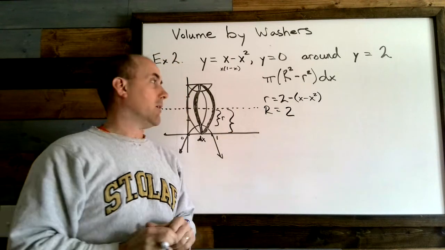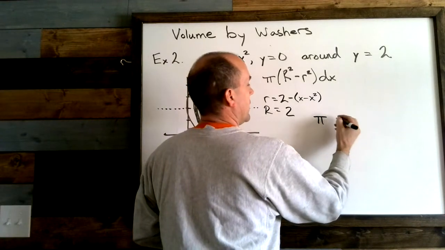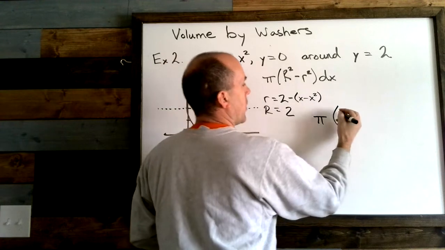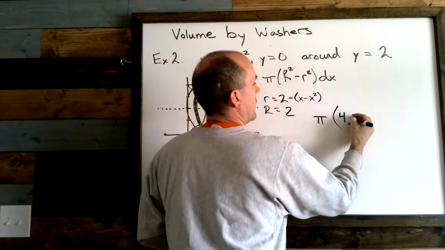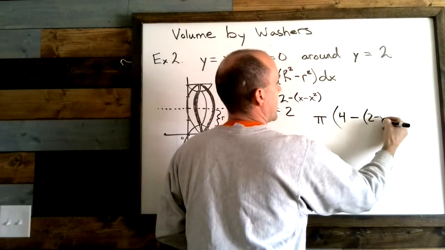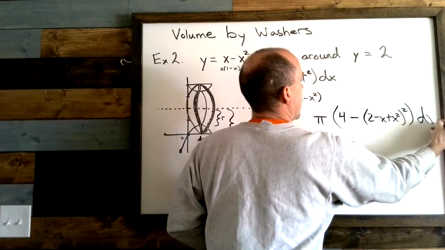Works out quite well. So therefore, as we set up the integral, we have pi times big R squared, which will be 4, minus little r squared, or 2 minus x plus x squared, dx.